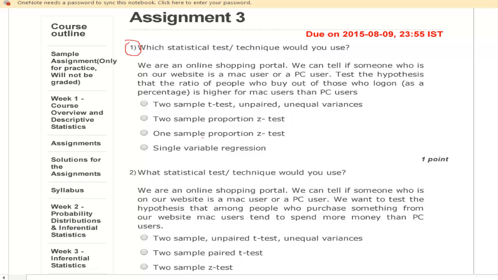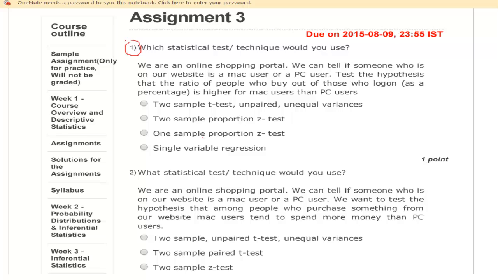Essentially, the sample that you're going to see is a set of Mac users, and for each Mac user, your data point is that they either purchase or they don't.